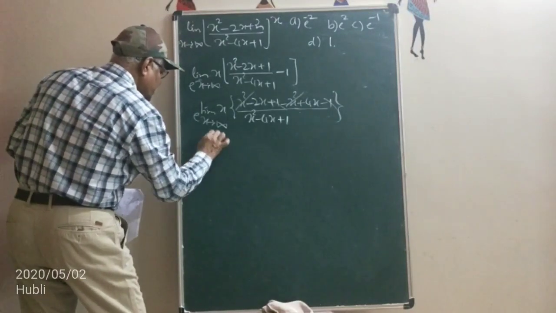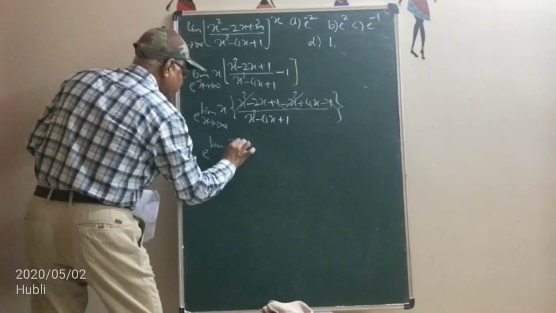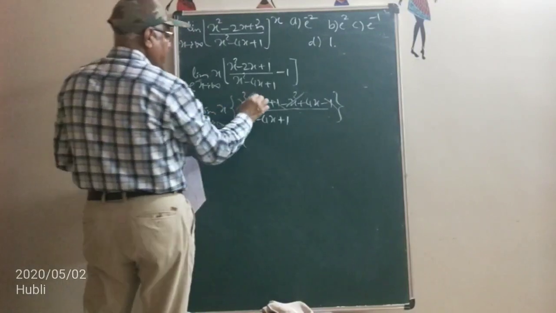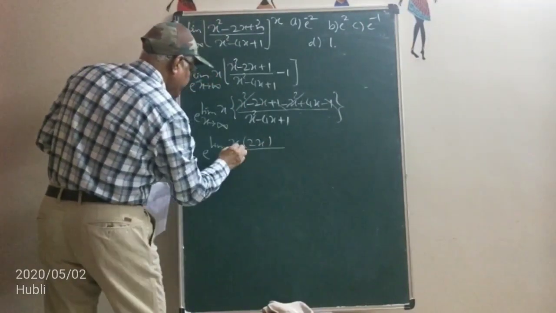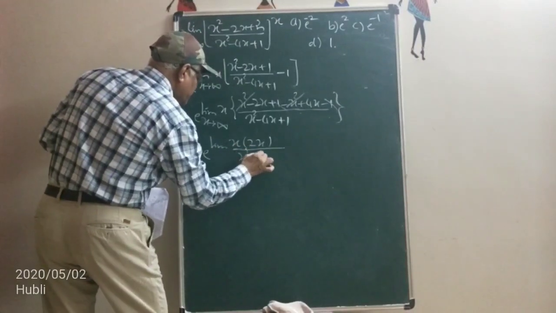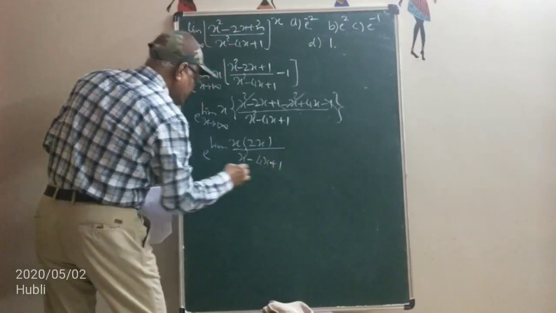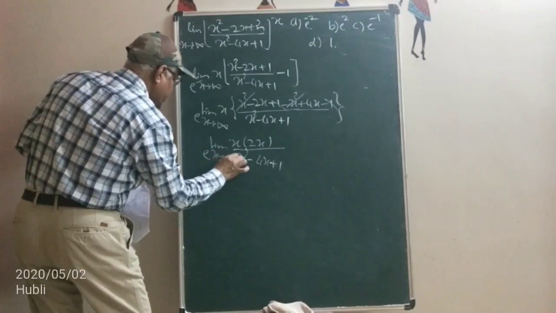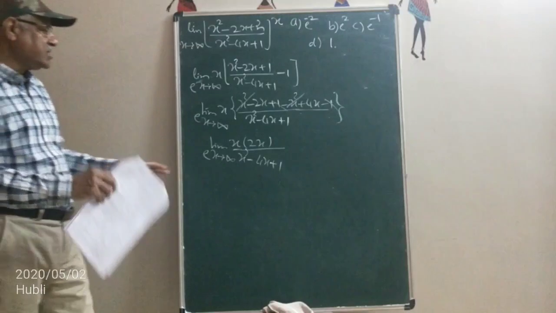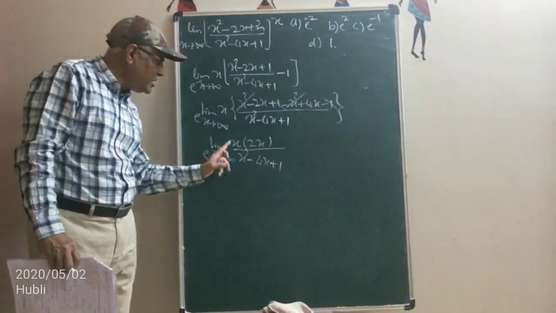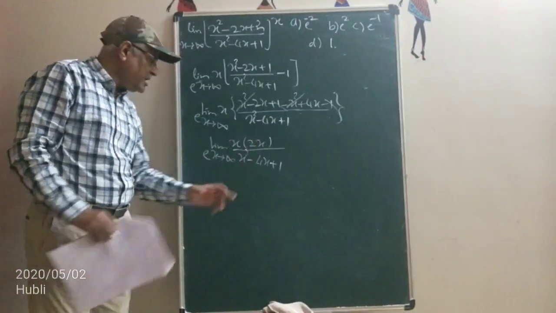That is e raised to limit of x into the bracket. Minus 2x plus 4x is how much? 2x. And divided by x square minus 4x plus 1, as x tends to infinity. So after this, just see the highest powers of x in the numerator and denominator: x and x square, and here also x square.